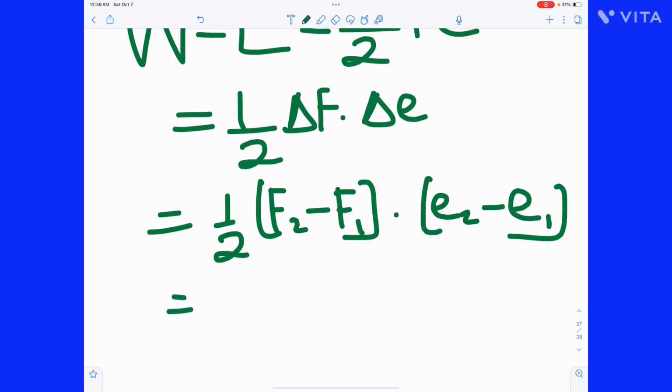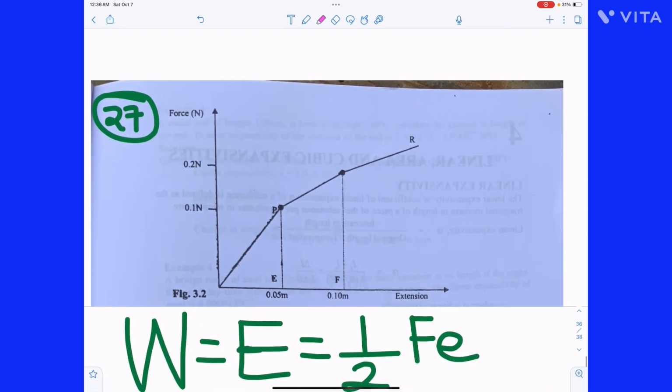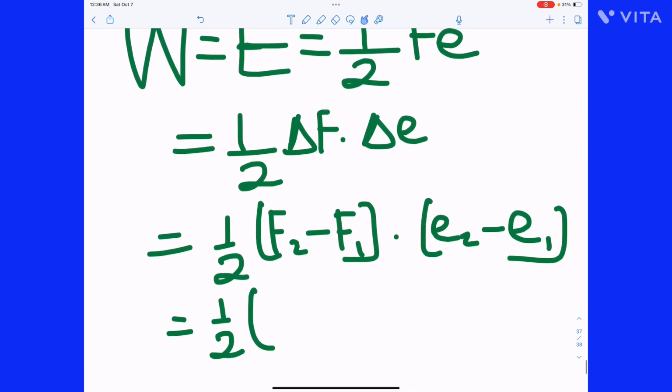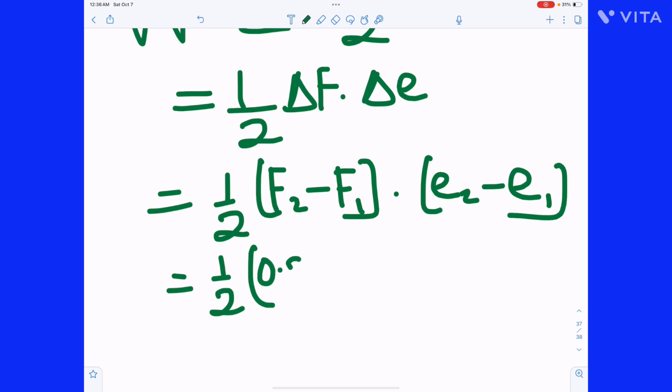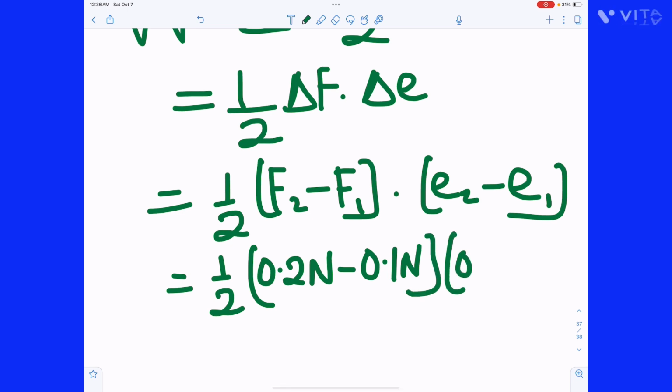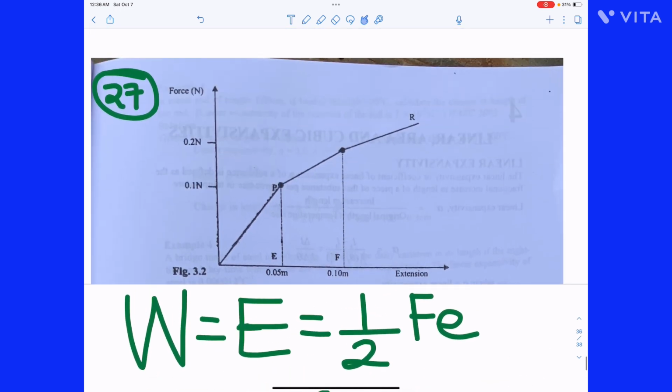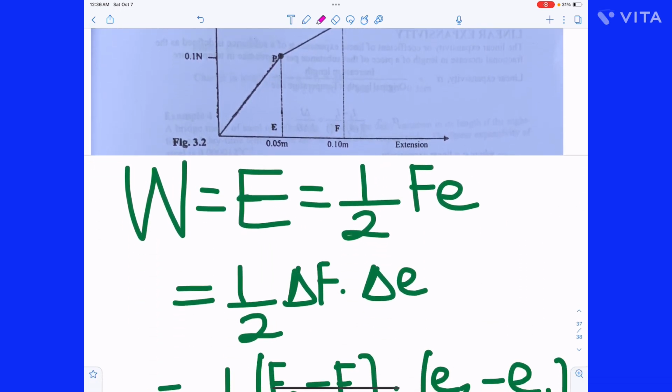So energy stored is half times 0.2 Newton minus 0.1 Newton times... is it centimeters or what? Okay, times E2 minus E1. That's 0.10 meters minus 0.05 meters.